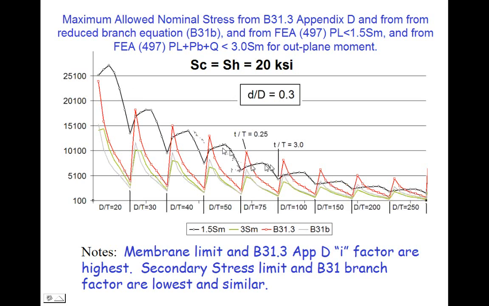So for out-of-plane loads only, including 1.5 SM in the set of requirements doesn't do very much for us. It doesn't cause too much of an effect. Even though it looks bad, it's not really so bad.